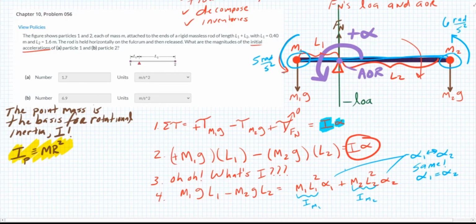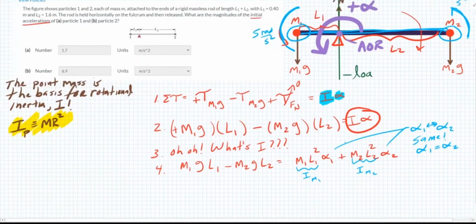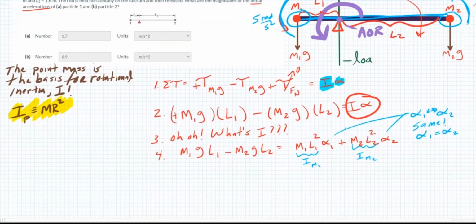They're going to have different linear accelerations, but the same angular acceleration, because it's not like this can rotate through 70 degrees in 1 second and this rotate through 90 degrees in 1 second. They're the same. They're fixed together. So that's all I need to say about that. Having said that, I'm just going to fight the good fight.